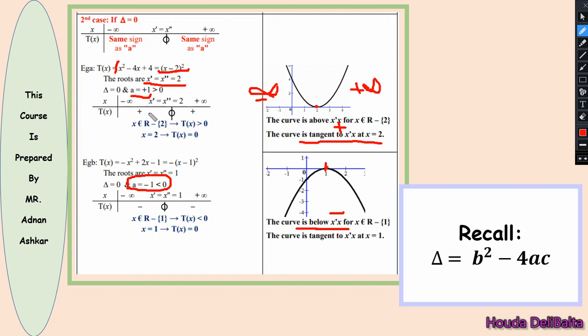Similarly here, we put the sign of A before the root and after the root. So the curves are just for making things clear, because we don't have to draw curves every time. All we have to do is to look at delta, to look at the sign of A, and to complete the table to study or discuss the sign of the quadratic function.